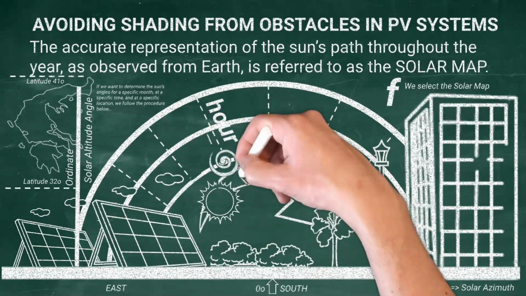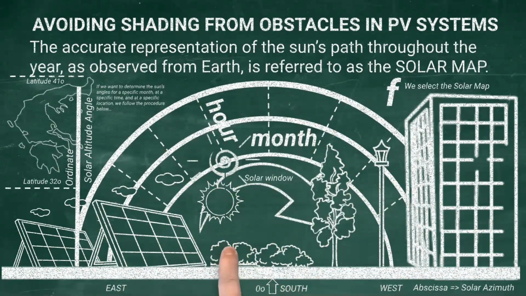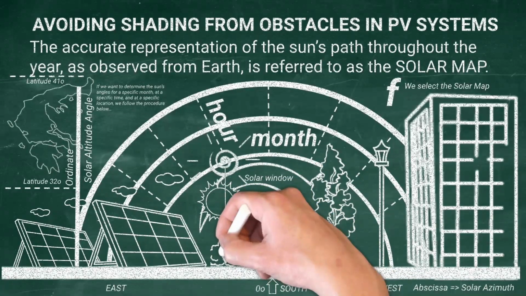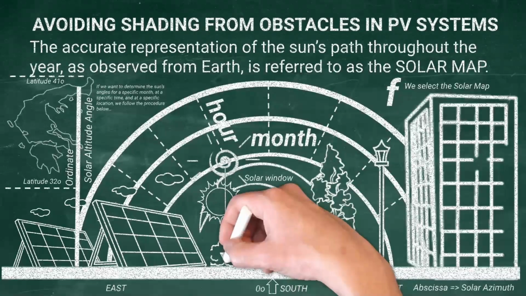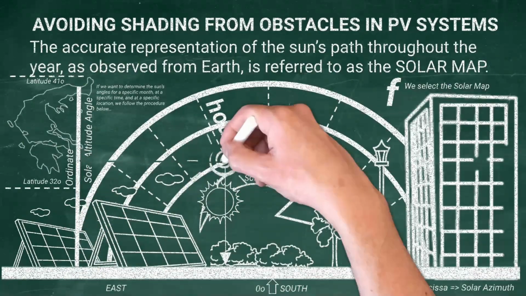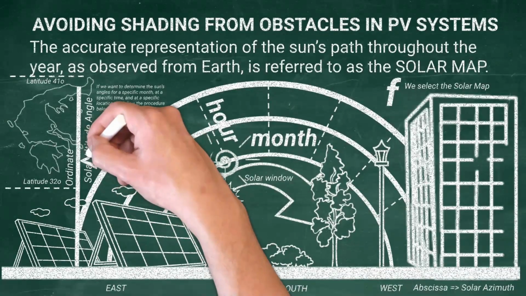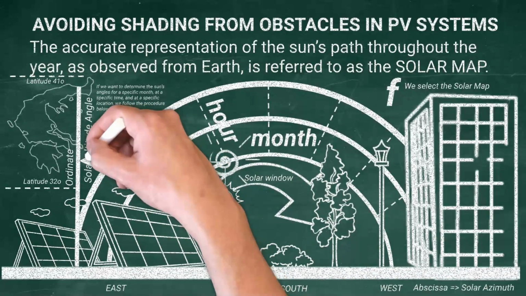From the intersection point of the sun's path and the hour curve, we draw a vertical line down to the abscissa. This gives us the sun's azimuth in degrees. And then, from that same intersection point, we draw a horizontal line perpendicular to the ordinate. This gives us the sun's altitude angle, also in degrees.